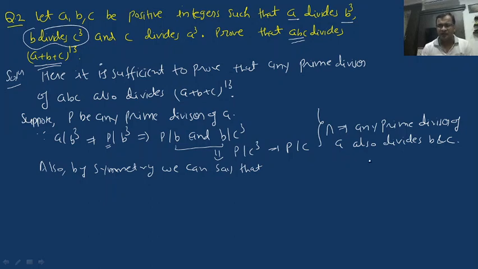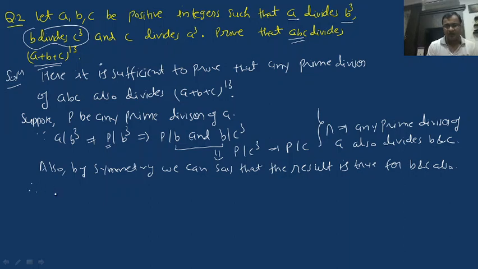So if any prime divisor of A divides B and C, we can say that this condition also holds true for B and C as well, because if any prime number Q divides B, then definitely Q divides C and A as well. So by symmetry the result is true for B and C also.